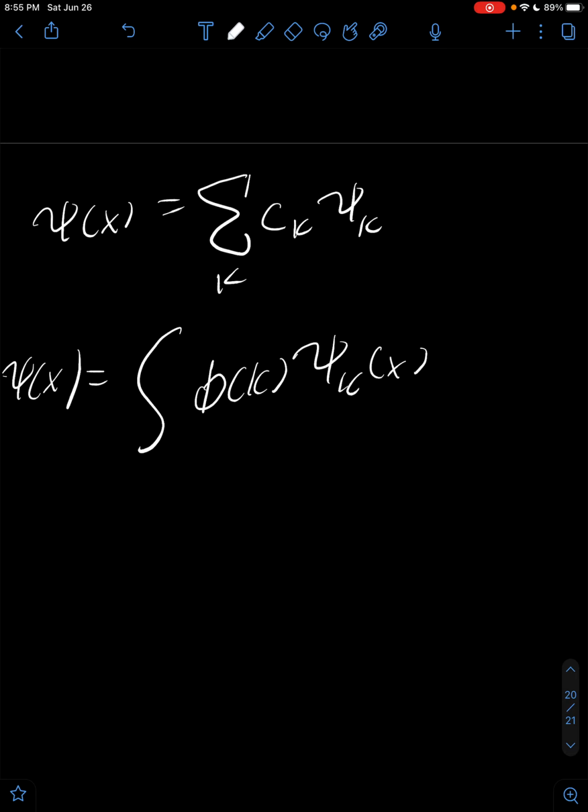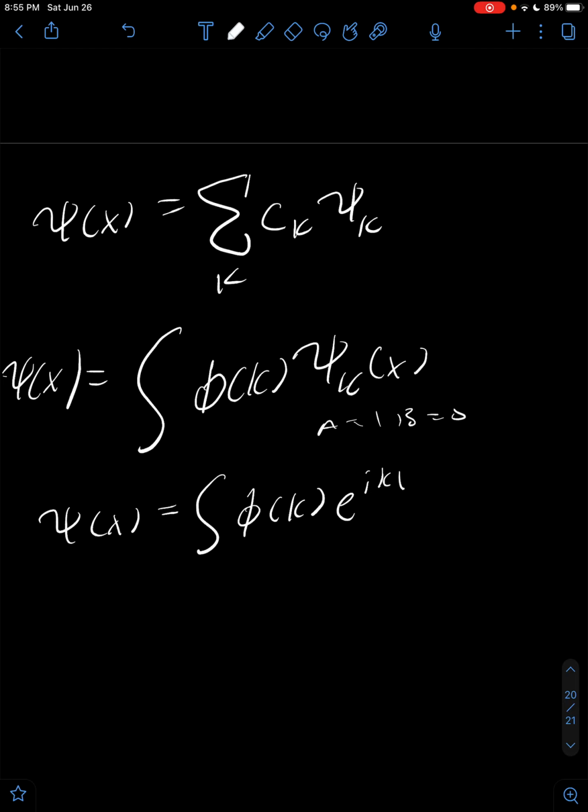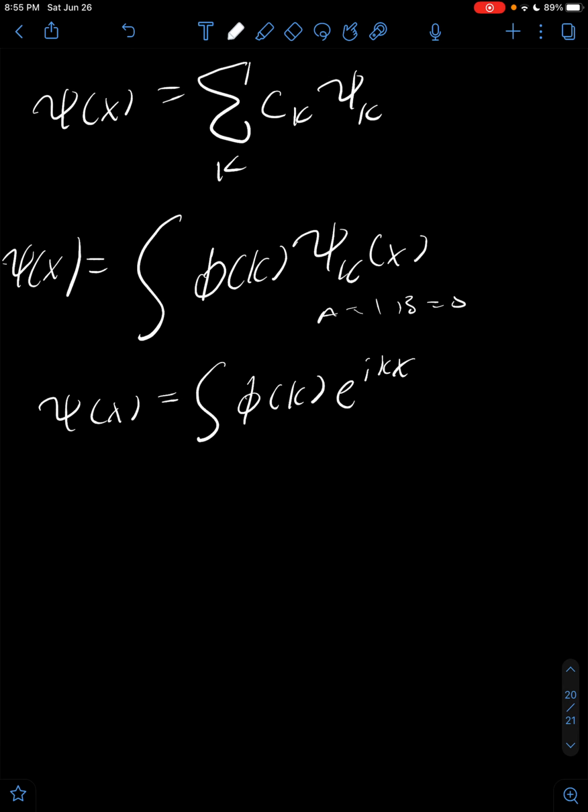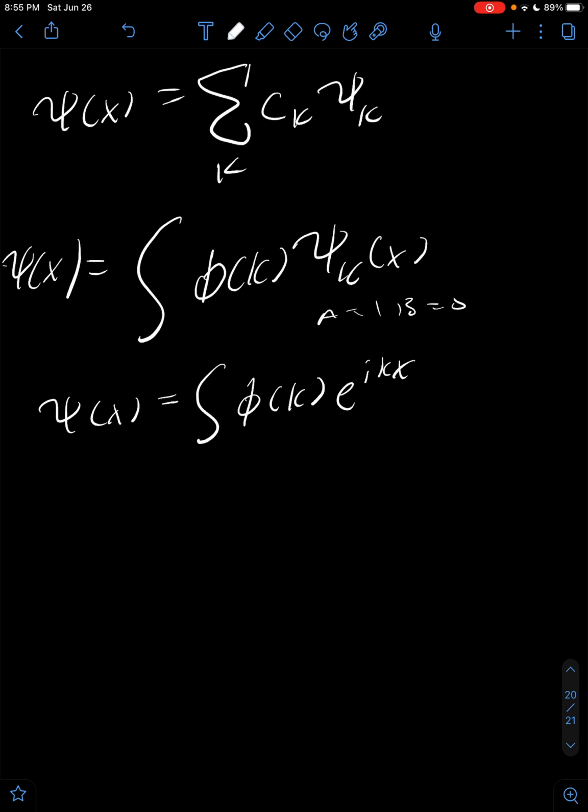Now remember that for psi k of x, we can take A to be 1 and B to be 0. We can just choose that. So psi of x is the integral of phi of k e to the ikx dk. And this is actually just a Fourier transform, right?